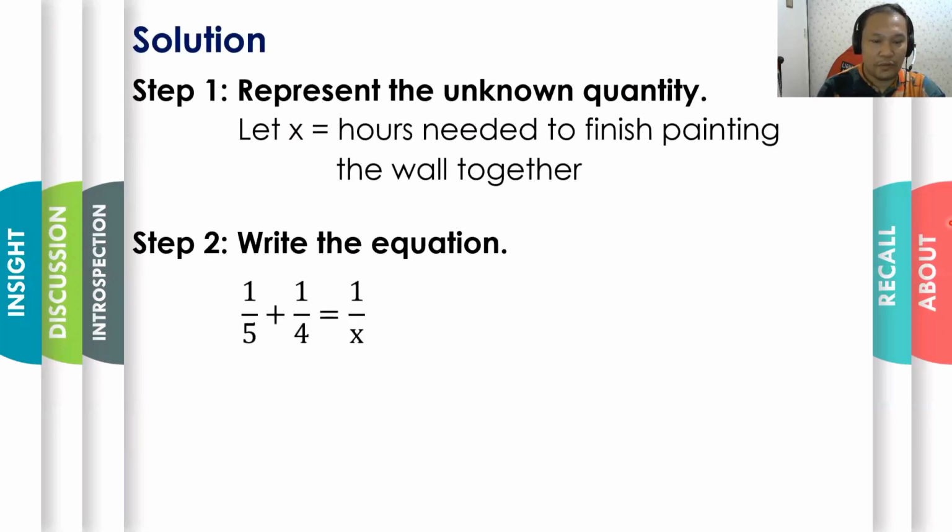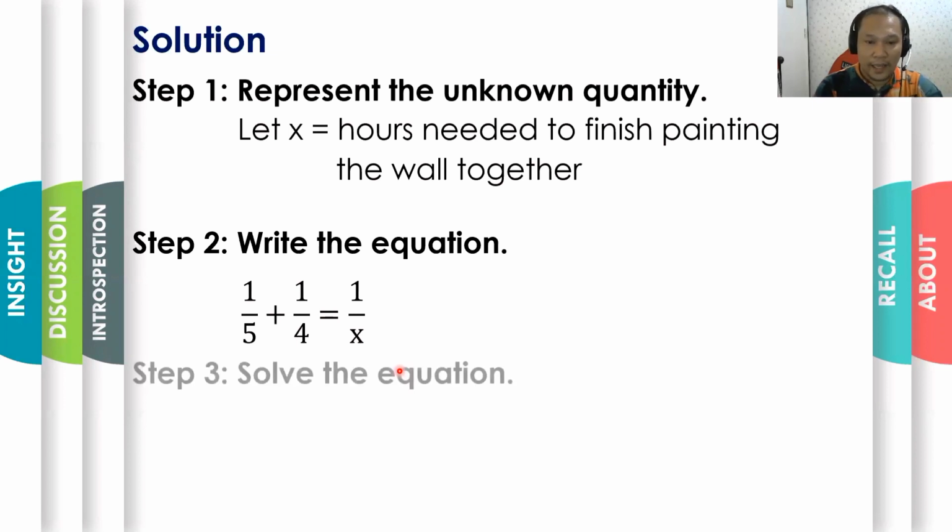Step number 2 will be, okay, now the portion that Joseph can paint, that is 1/5, plus the portion that Marco can paint, that is 1/4, is equal to 1/x, if they are going to work together.